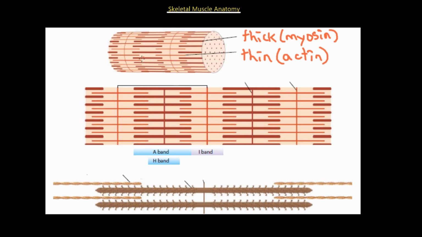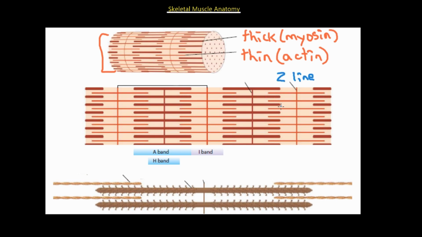If we were to take a side view of a muscle fiber, this would be the muscle fiber. The thick filaments are represented by the A band right here, and the thin filaments, so actin, are represented by the I band. Now the lines that hold the thin filaments together, on the two sides of the thin filaments, are called the Z line.